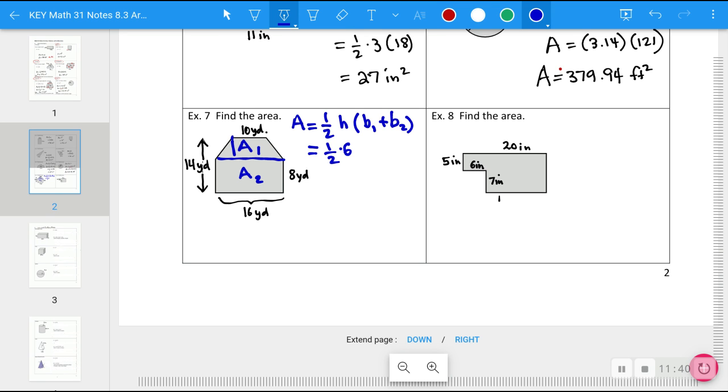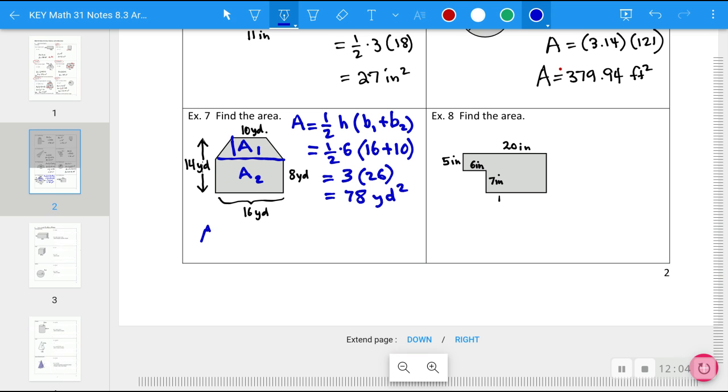That would be from here to here. And the bases are 16 and 10. So that's going to be 3 on the outside and 26 on the inside. And that'll be 78 square yards of area in that top section.